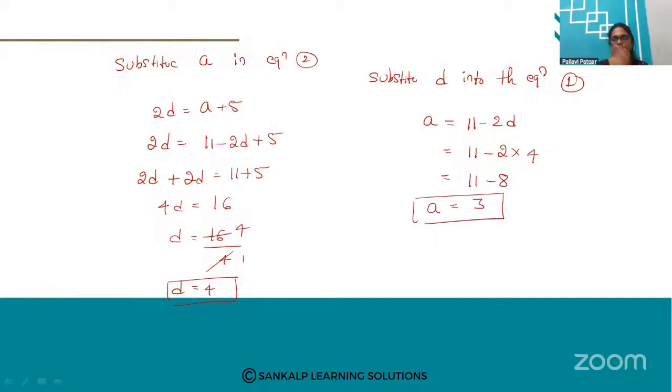Okay, so now list the terms of the AP by using A is equal to 3 and D is equal to 4.